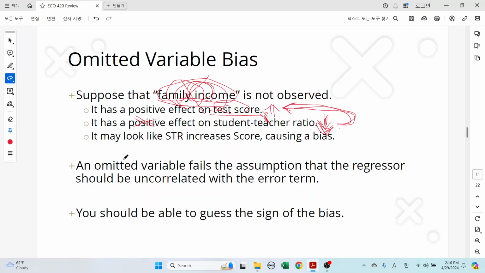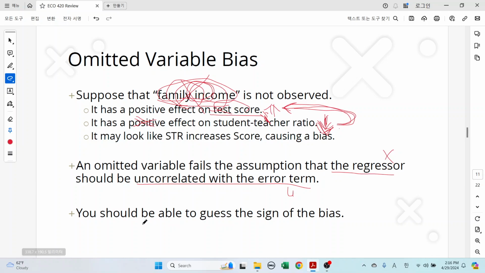So, technically speaking, theoretically speaking, this omitted variable will fail the assumption that the regressor X is uncorrelated with the error term U, right? So we have to check this. So this is theoretical analysis, what kind of problem the omitted variable can cause, the correlation, right?